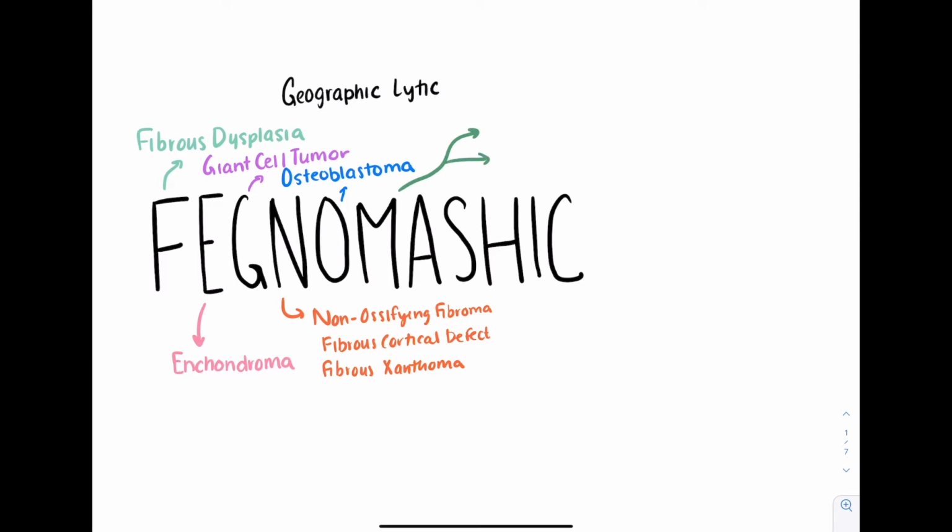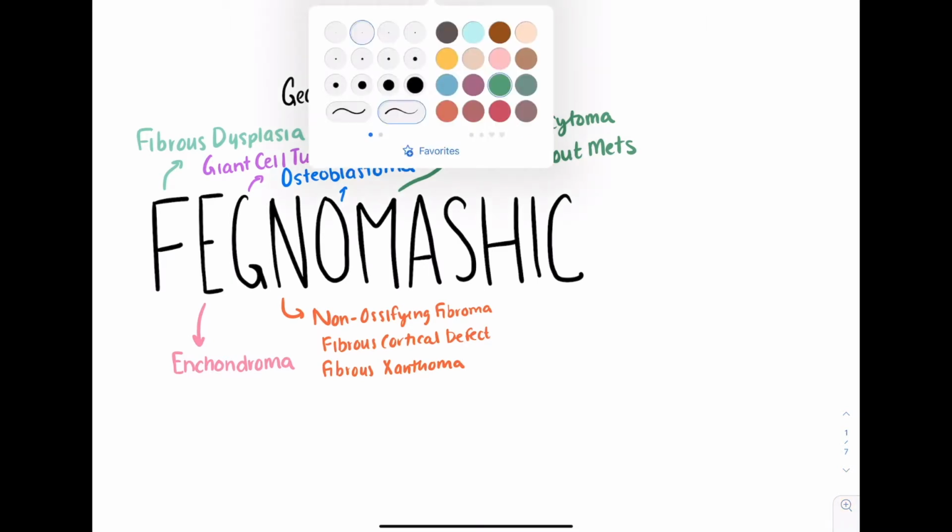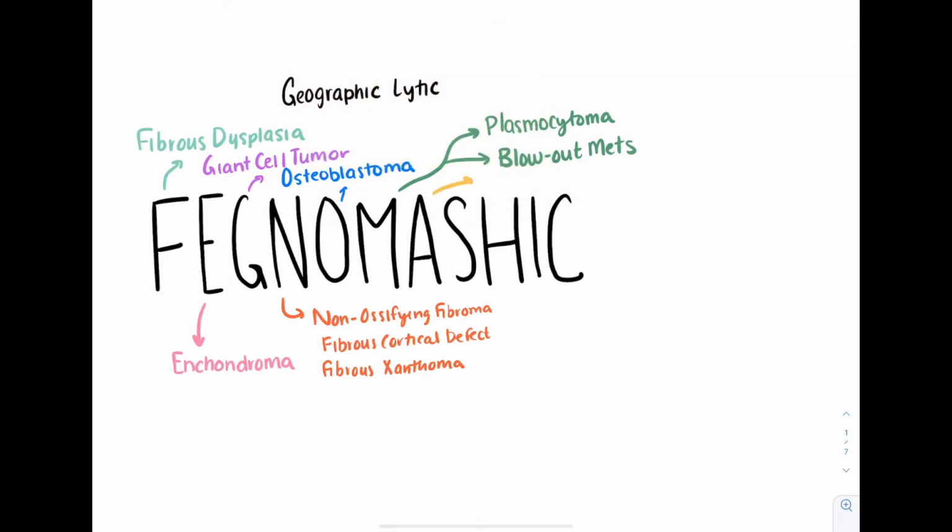So the M stands for our plasmacytoma. Remember that a plasmacytoma is a solitary form of multiple myeloma. And then also our blowout Mets. The A stands for aneurysmal bone cyst. The S stands for our simple bone cyst.